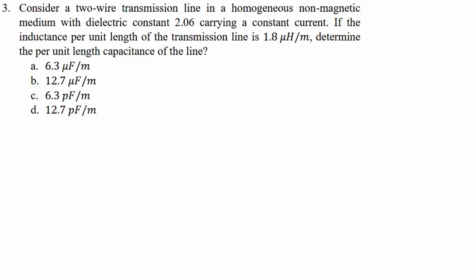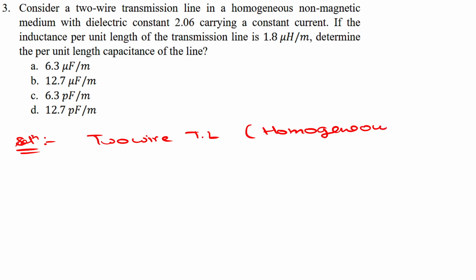So in this problem a two-wire transmission line is given, and what else is given is it's in a homogeneous and non-magnetic medium.